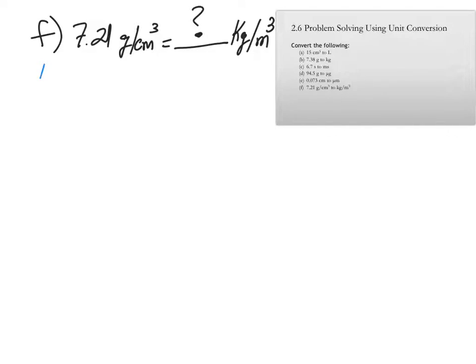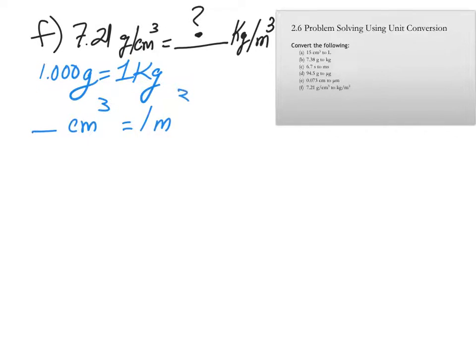There are 1,000. And then, how many cubic centimeters are equal to 1, I guess, cubic meter? That's the tricky part of this question.